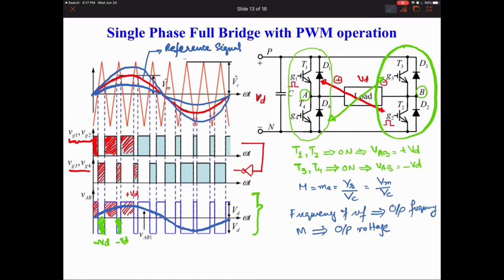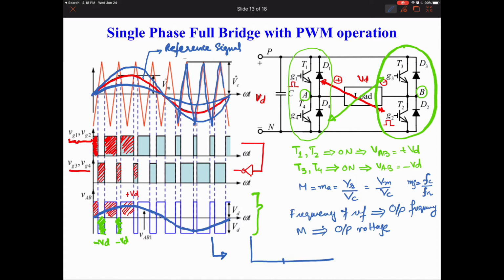If we sketch the spectrum of this particular waveform, the harmonics will appear around multiples of the frequency modulation index. Frequency modulation index, that is MF, is defined as the ratio of the carrier frequency to the reference frequency. The carrier waveform is the triangular waveform in this case.